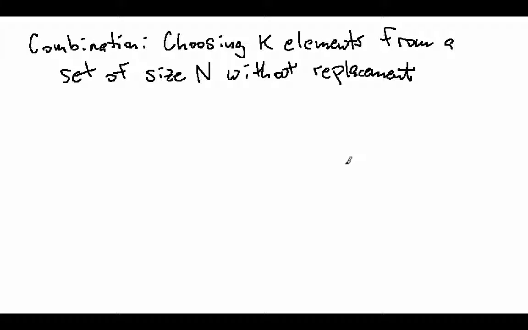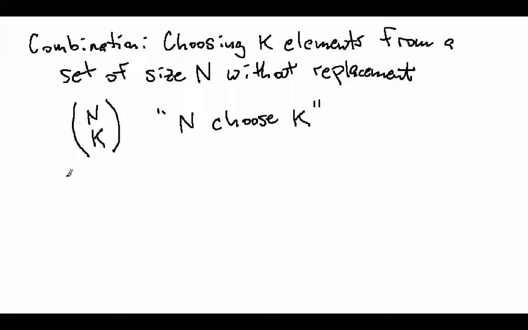Okay, and there's a notation for this. It's written this way. It almost looks like a fraction, but it isn't a fraction. People will say this is n choose k. Sometimes you'll see people refer to it as C of n, k. Remember, that's different than P of n, k.